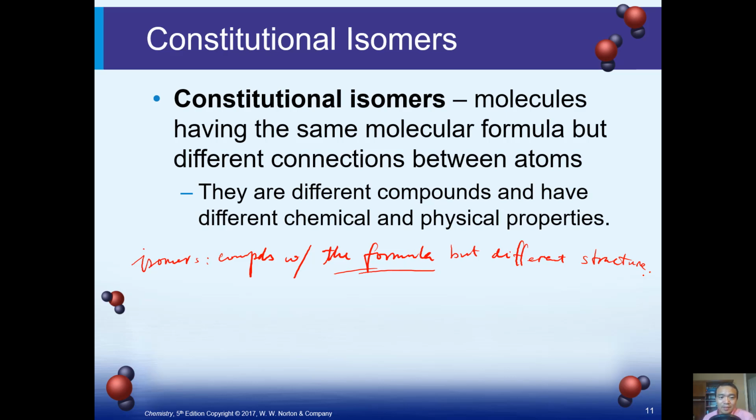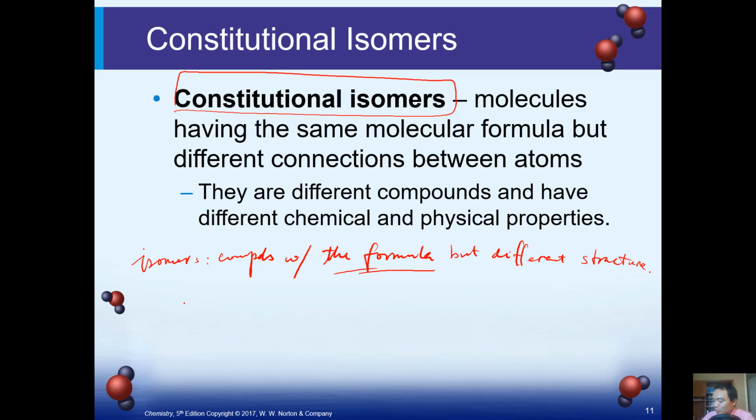When you talk about isomers, we have different types of isomers. One is called a constitutional isomer. One is called a stereoisomer, which we'll go over later on. Constitutional isomers are molecules that have the same formula but have different connections between atoms.